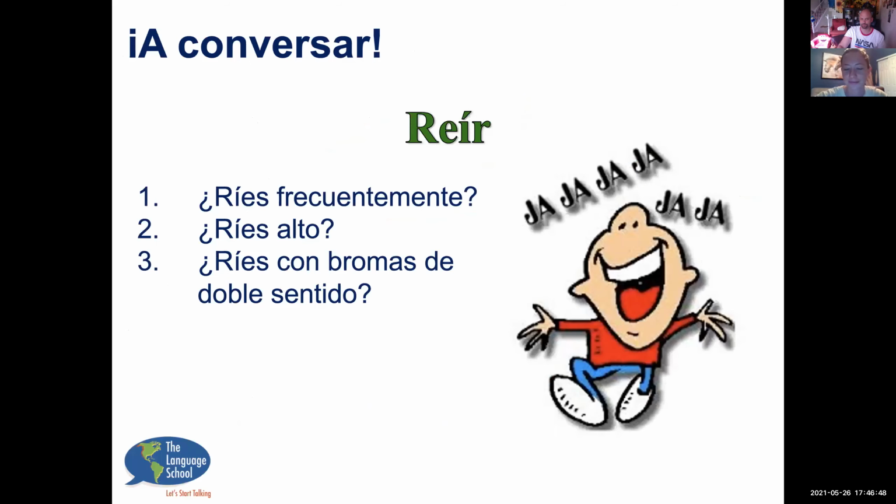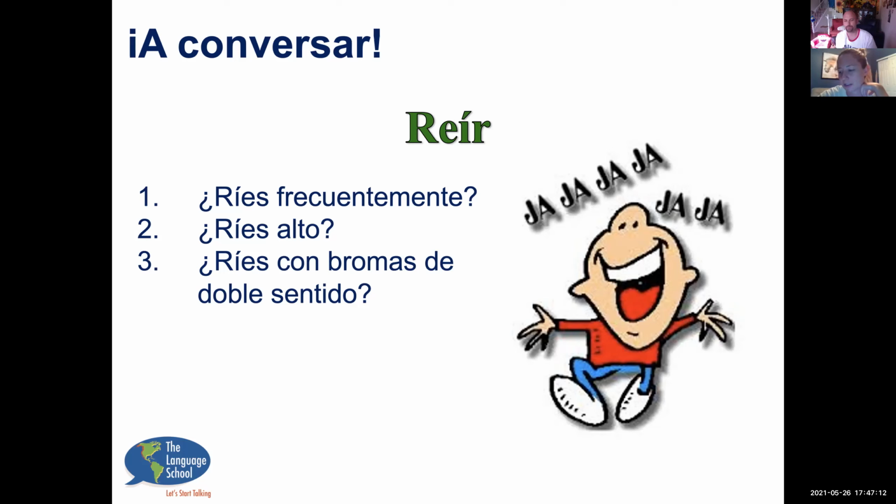Muy bien, Carly. Reír means to laugh. Okay. ¿Ríes frecuentemente? Sí, río frecuentemente. ¿Ríes alto? Sí, río alto. So is that just like a high pitched laugh?